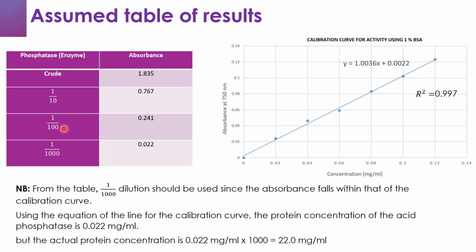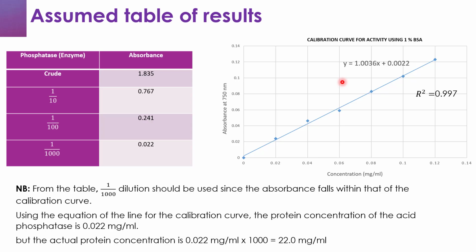For the 1 in 100 dilution, we have an absorbance value of 0.241, and that of the 1 in 1000 dilution, we have an absorbance value of 0.022. So what we are going to do is use this calibration curve to extrapolate and determine the protein concentration in each of the enzyme samples over here.